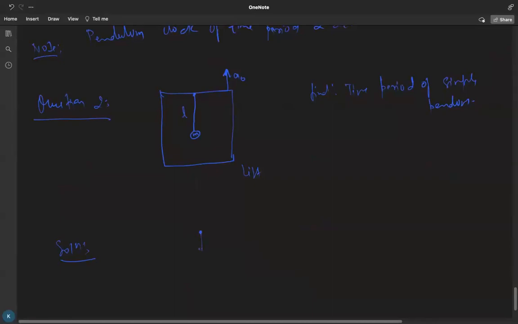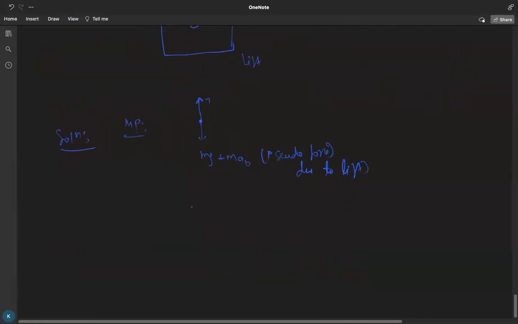Now we first write the equations at the mean position. There are only two forces acting at the mean position: mg acting downward, and a pseudo force due to the lift, because the lift is going upward, so the pseudo force acts downward, and the tension acts upward. So here the restoring torque is 0.